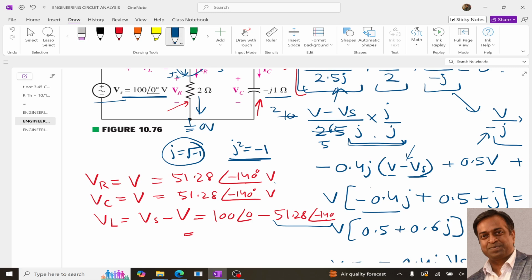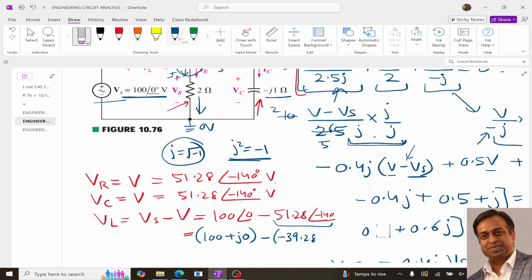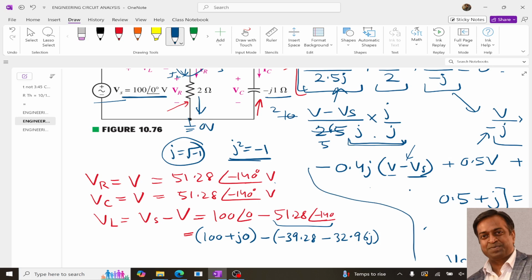So this 100 can be expressed as 100 plus j0, minus this 51.28 angle minus 140 can be expressed as minus 39.28 minus 32.96j, right?